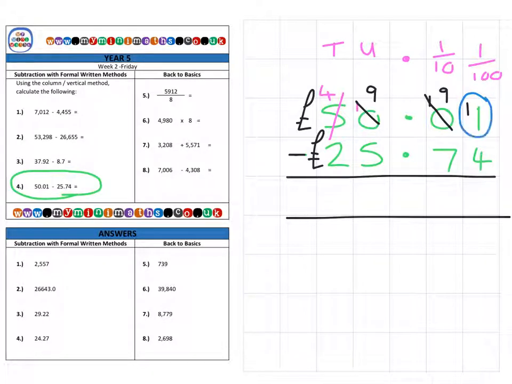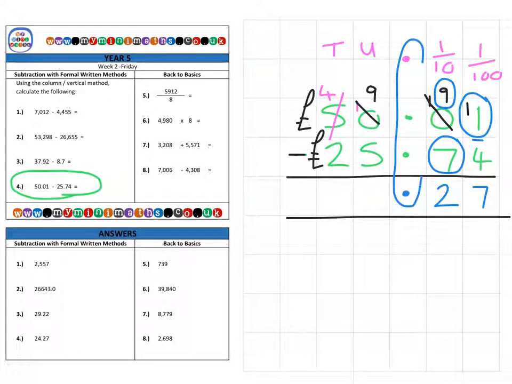So we have 11 hundredths subtract 4 hundredths, which gives us 7 hundredths. Then we have 9 tenths subtract 7 tenths, which is 2 tenths. Okay, let's make sure that all these decimal points are lined up. Then we have 9 units subtract 5 units, which is 4 units.